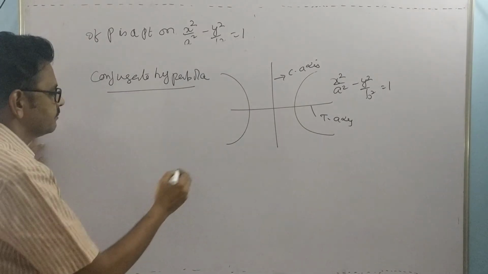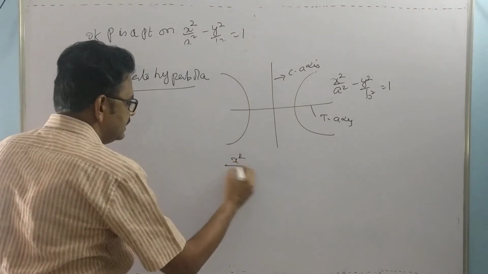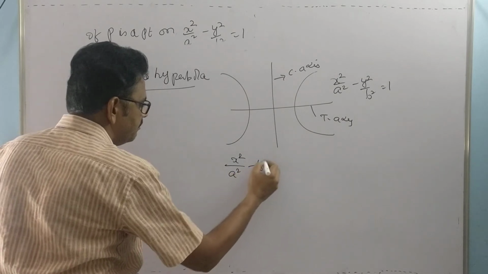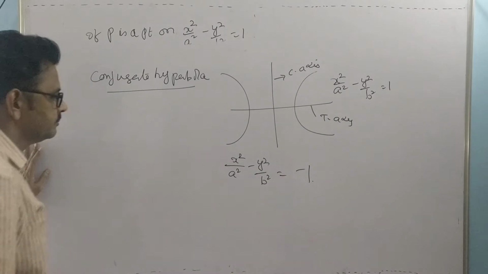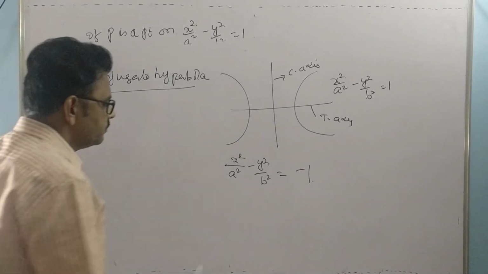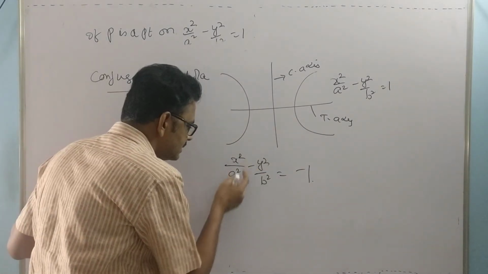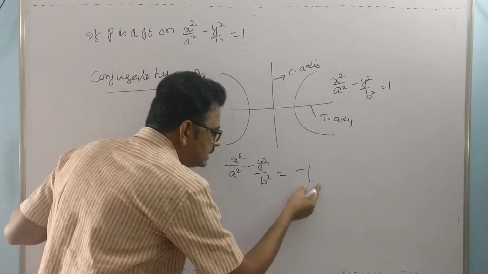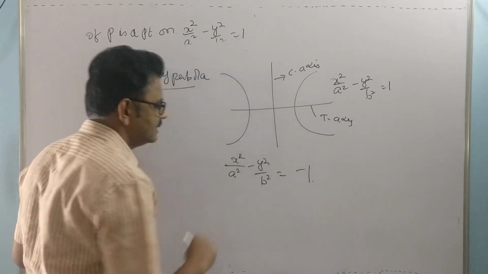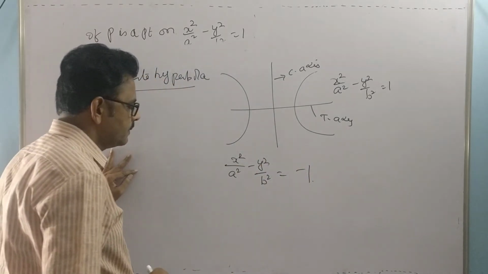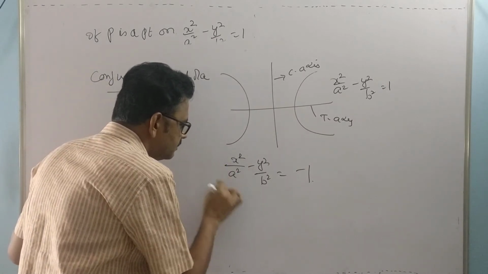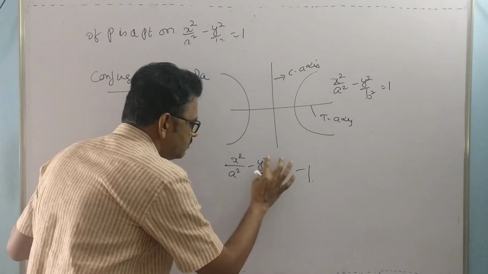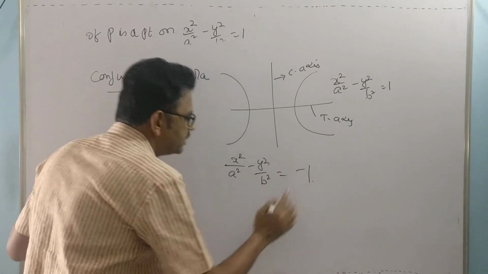That is, if you take the hyperbola x square by a square minus y square by b square is equal to minus 1. If we put y equal to 0, x square equal to minus a square, this hyperbola does not cut x-axis. If we put x equal to 0, y square equal to b square, y equal to plus or minus b.